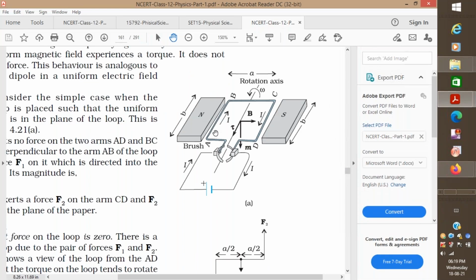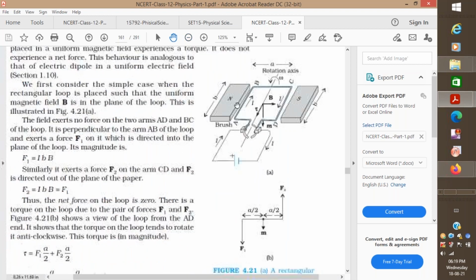So the magnetic force in this particular case will be this way. You can use either Fleming's left hand rule, or you can use the right hand rule for the cross product. If you apply this right hand rule for the cross product for this AB arm, the force will be in the downward direction.